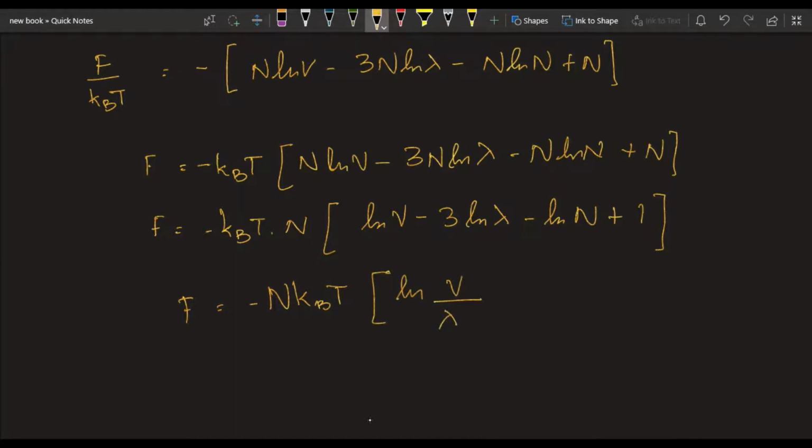So this is the equation for the free energy of the ideal gas.